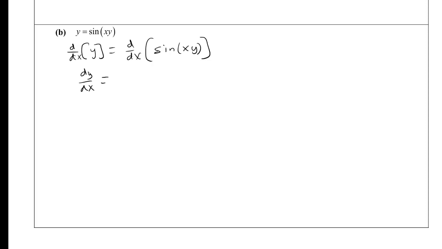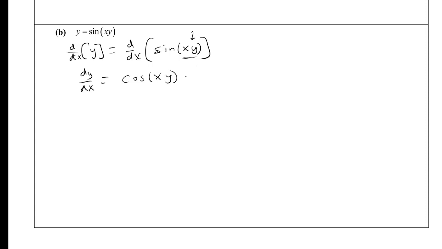On the right-hand side, notice we have a chain rule here. We have sine of something. So that says that the derivative should be cosine of the something. And then I have to multiply by the chain rule factor, in other words, the derivative of xy.